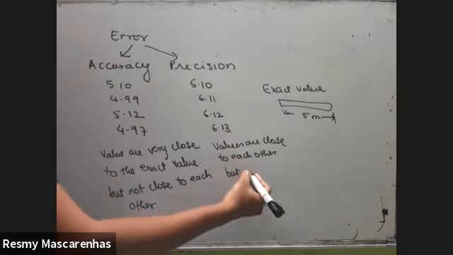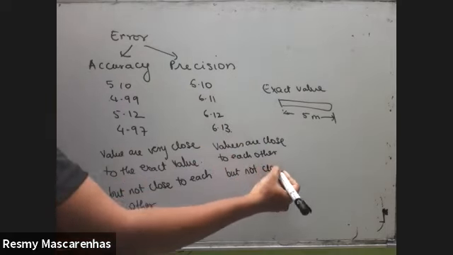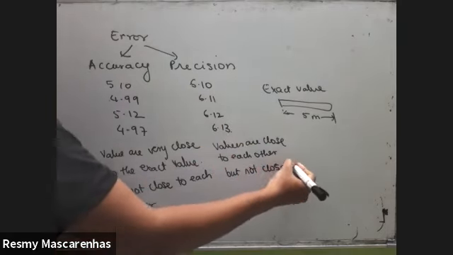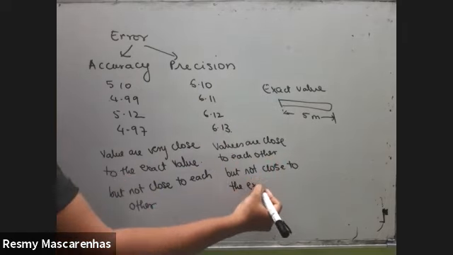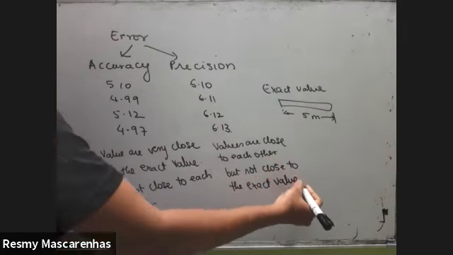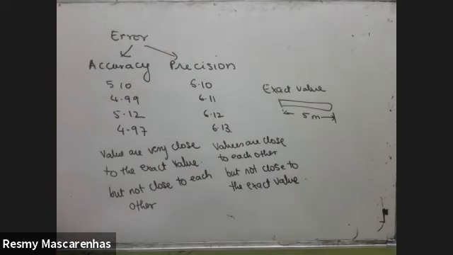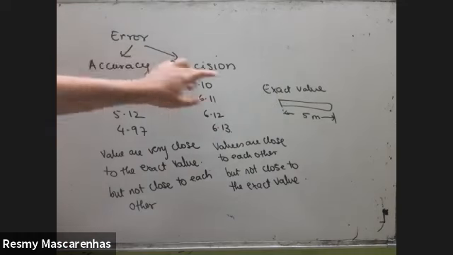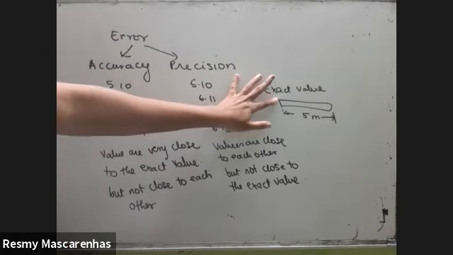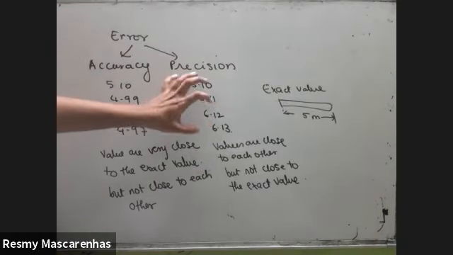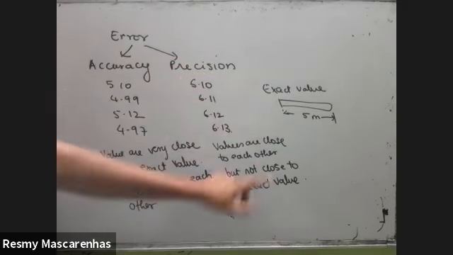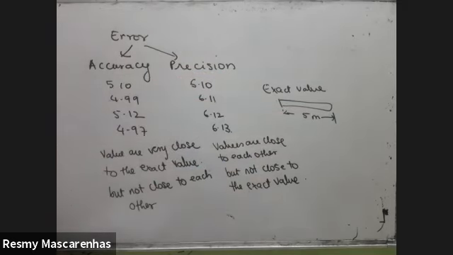Good among themselves, but not close to the exact value. So that is precision, and this is called accuracy. Among themselves, they may be far away, but they are very accurate compared to the exact value. Here they may be precise, meaning very close to each other, but they are far away from the main value. This is the difference.